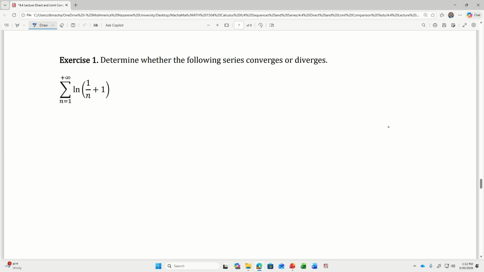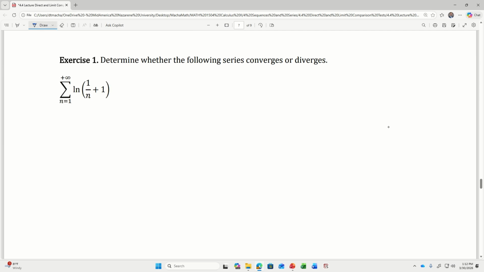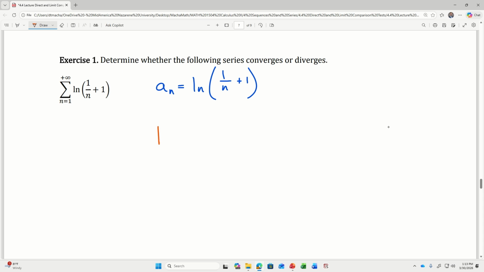This one looks very similar, but it's a little bit different. The series we care about has terms that look like natural log of 1 over n plus n. We don't know if this converges or diverges. What series could we compare it against? Nice. 1 over n, that's perfect.